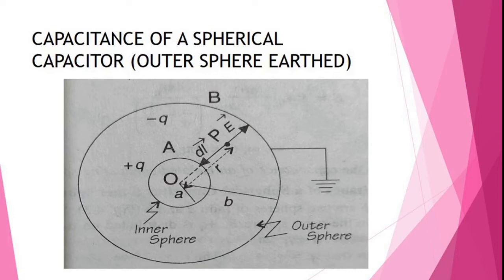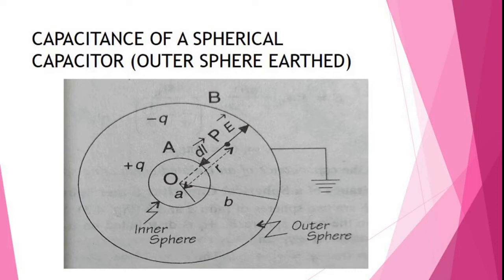A is having radius small a and B is having radius small b. The gap between them is filled with air, so air is the intervening medium between the spheres A and B. The outer sphere B is earthed.